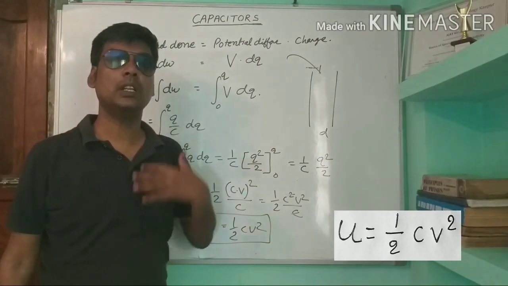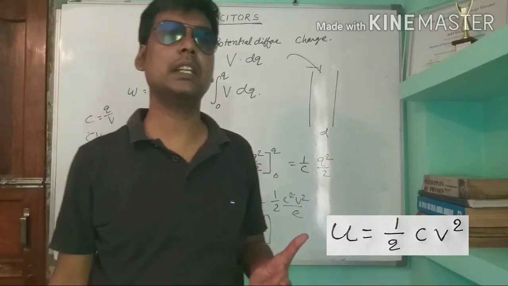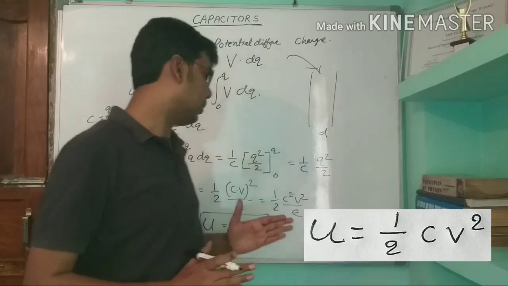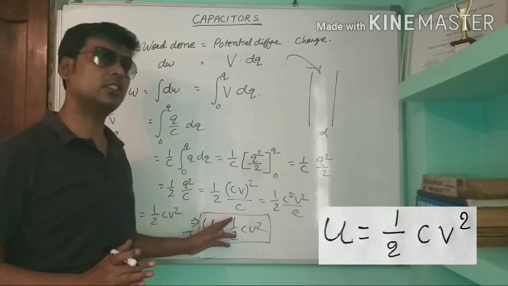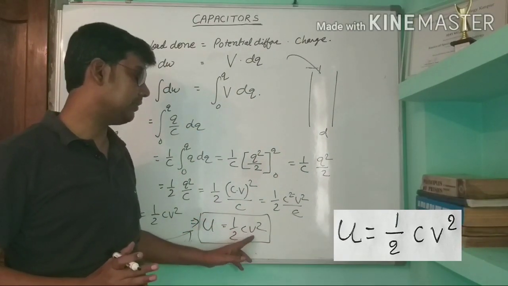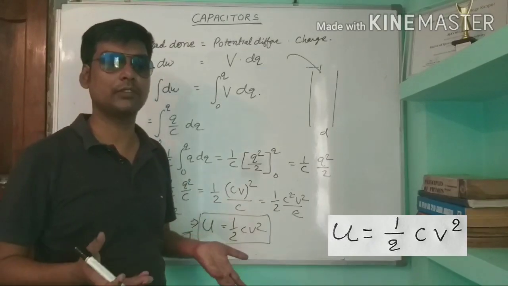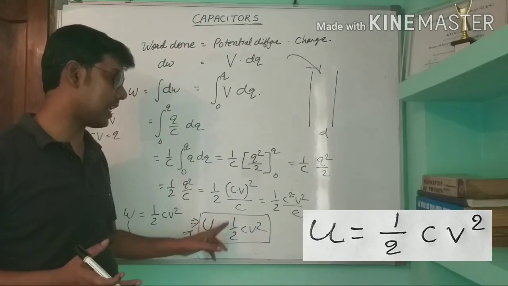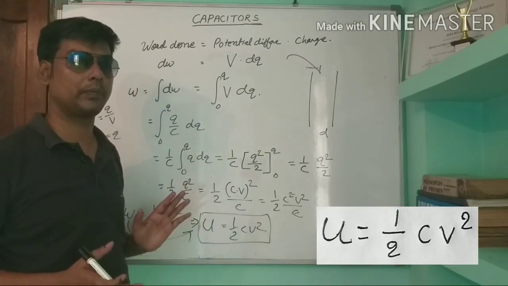It depends upon the capacitance of the capacitor and the potential difference between the two plates. So the energy stored is half CV square, like kinetic energy half mv square. Similarly, the energy stored in a capacitor is half CV square.